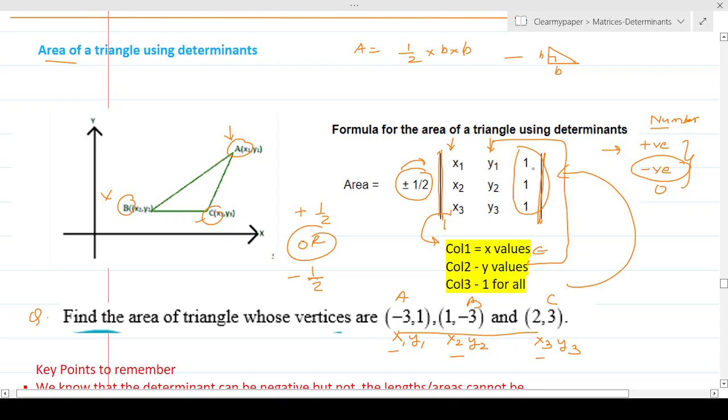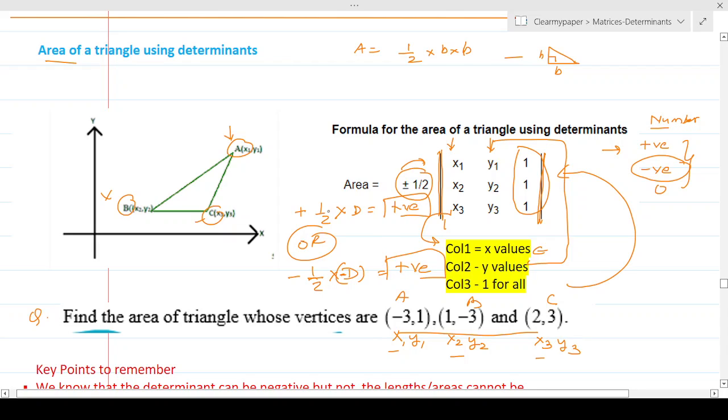If the value of the determinant is positive, then you multiply by plus half into the determinant, and the net answer will be positive because you don't want a negative answer. But if the determinant is negative, and you don't want the area to be negative, in that case you multiply it by negative half. The negative here and the negative determinant give you a positive value overall.